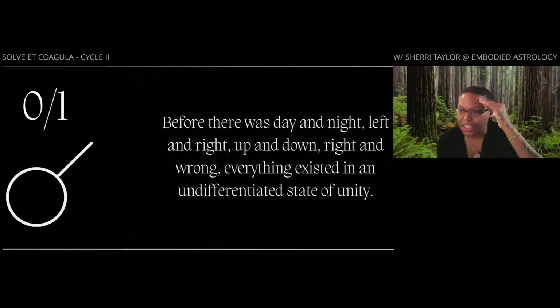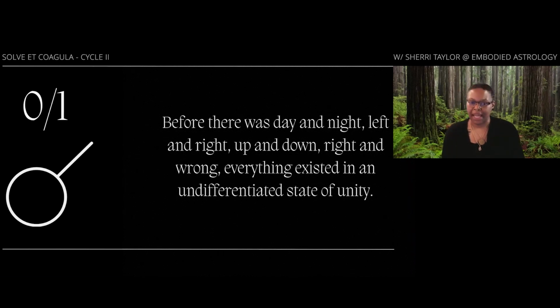So a conjunction is associated with the monad. So it's both a 0 and a 1. This was one of the phrases that I found in a text called the Quadrivium.